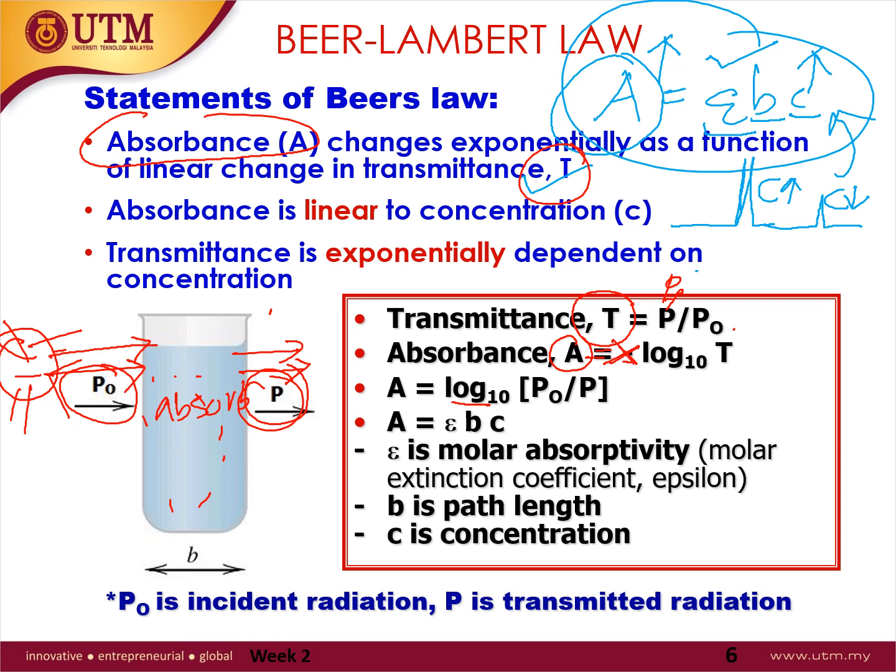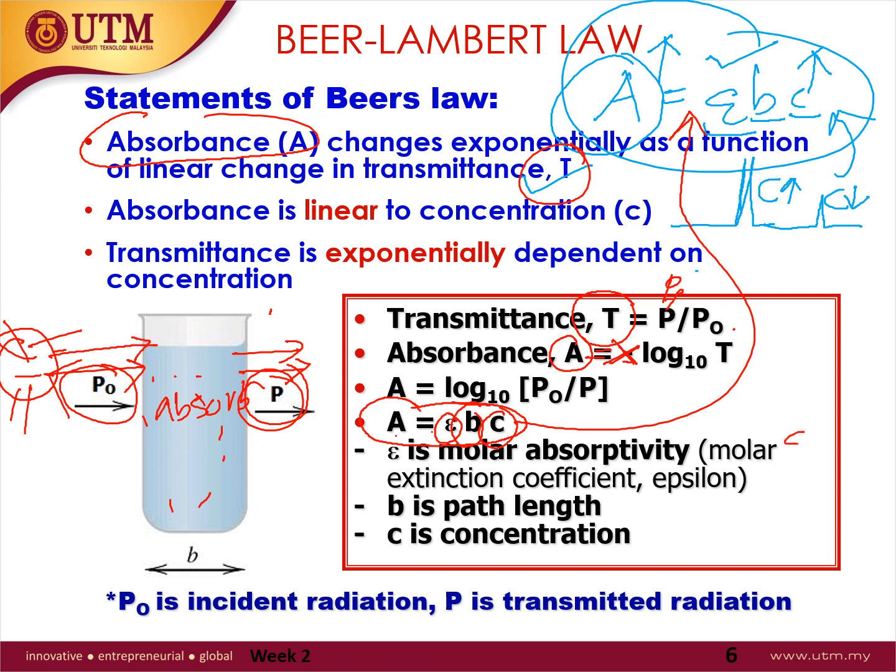So we get P initial over P final. From here, we simplify some more, and we get A equals epsilon, path length and concentration. Same again as the one just now. So epsilon, what is epsilon? It means how well the analyte can absorb a certain radiation given to it.